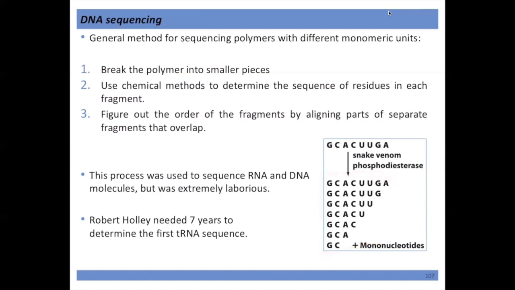And out of this, they would separate these sequences. And we've talked a little bit about how you can actually separate the sequences. And you imagine if I just get it down to a dinucleotide, I might be able to determine what that structure is chemically or through some other laboratory methods. And then I find the piece that's a little bit bigger.